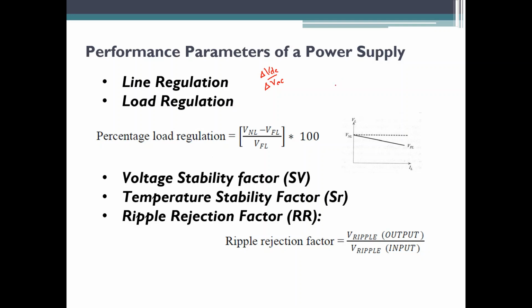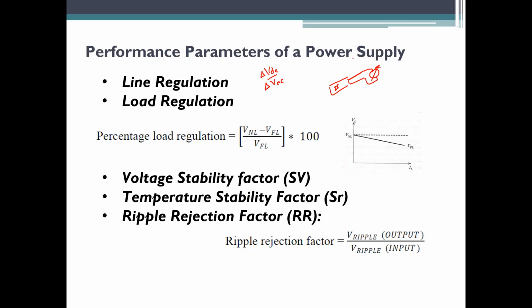For example, you take a DC power source and you connect a load here. You check the change in this DC output voltage when you go from no load to full load. So you connect a resistance or a rheostat here and keep varying the load from no load to full load. That variation in the voltage is called load regulation.